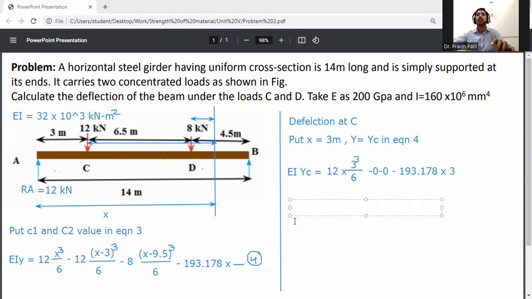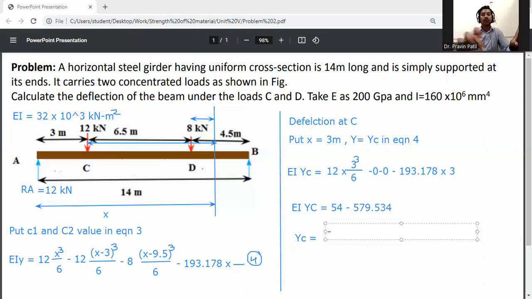So once again EI yc is equal to 3 cube, which is 27, divided by 6, into 12, so it will be 54, then minus 193.178 into 3, which is 579.534. So yc is equal to 54 minus 579.534, it will be minus 525.534.